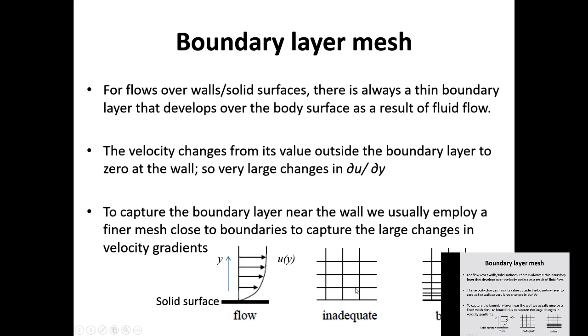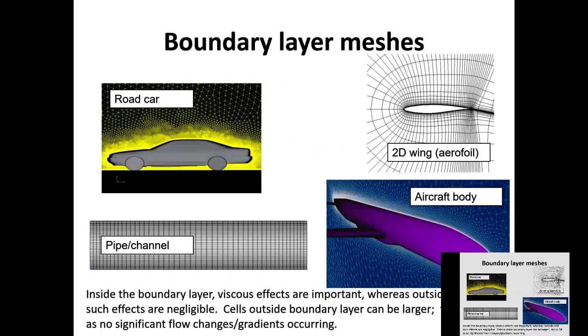Okay, this is inadequate, and this is a good mesh. The aspect ratio here is large, but you are not worried about that because velocity changes only in that direction, not in the longitudinal direction. So these are a couple of examples.